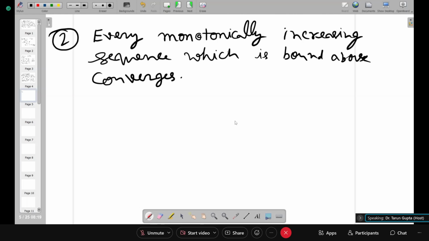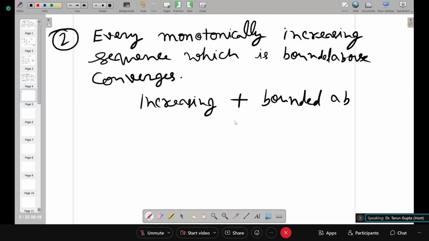What is the criterion? If a sequence is monotonically increasing and bounded above, means if you are able to show that it is increasing and bounded above, these two things show the sequence is convergent.